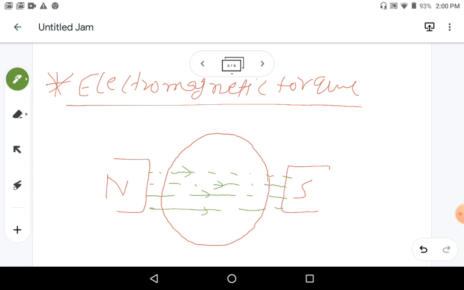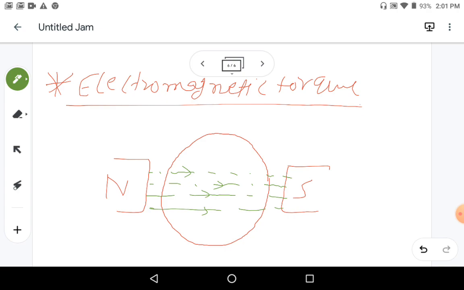The path of flux is straight, so the rotor won't rotate in the absence of power supply. When we give the power supply, then the rotor rotates.